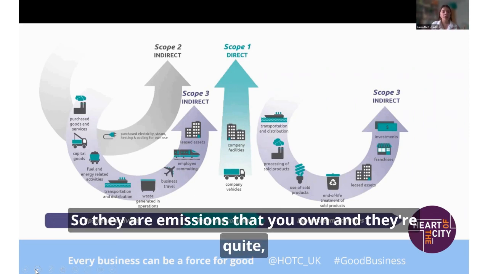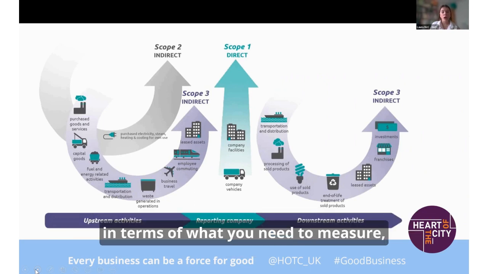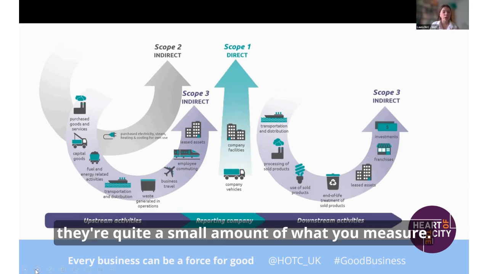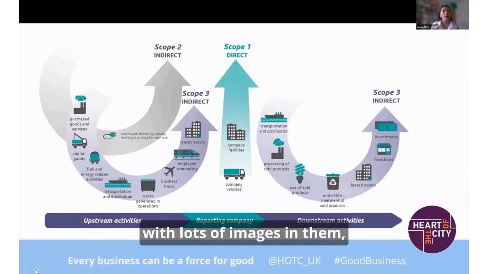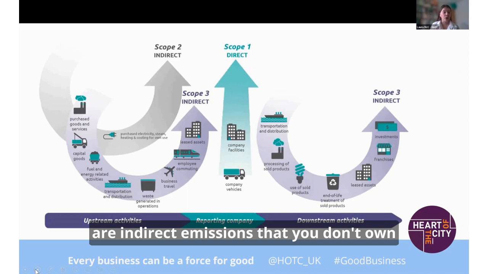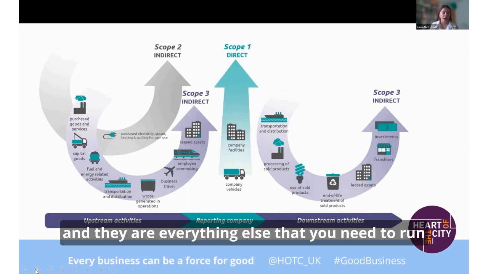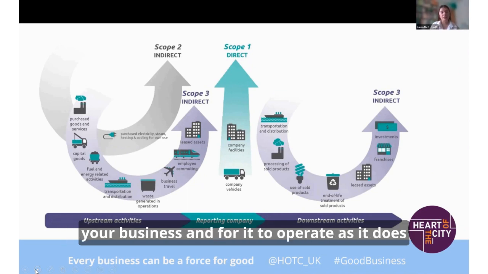So they are emissions that you own, and in terms of what you need to measure, they're quite a small amount of what you measure, whereas scope 3, which are the 2 purple arrows with lots of images in them, are indirect emissions that you don't own, and they are everything else that you need to run your business and for it to operate as it does, that aren't in your scope 1 and 2 emissions.